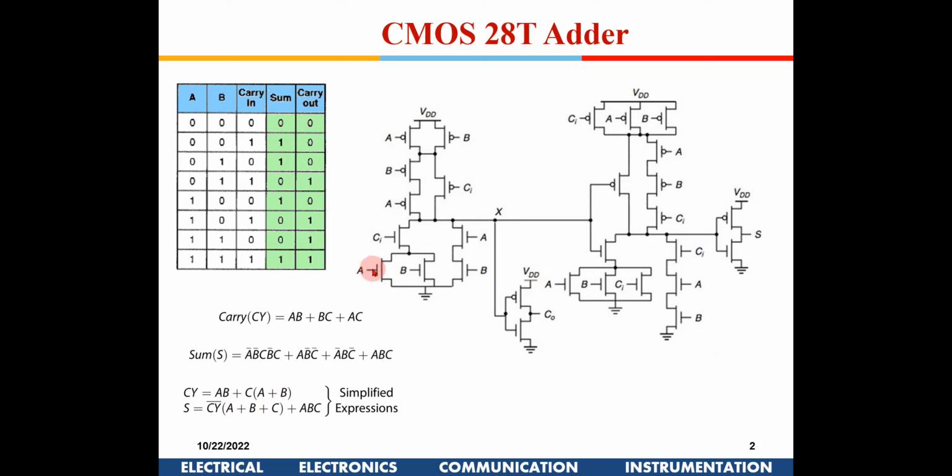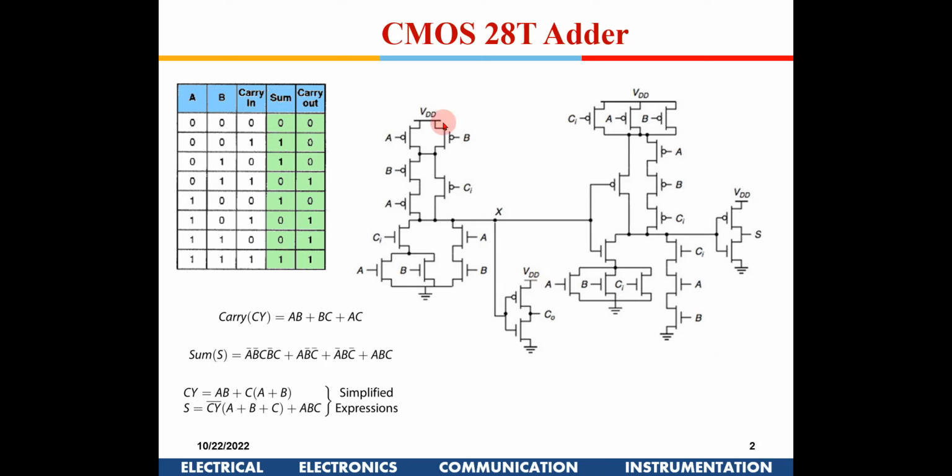Now I use carry, and then along with this carry, A or B or C, in the pull down network, and then I have this ABC also in the pull down network, and then I have a sum bar inverter, okay. So this was the 28 CMOS adder, and then we saw that here we had a drawback.